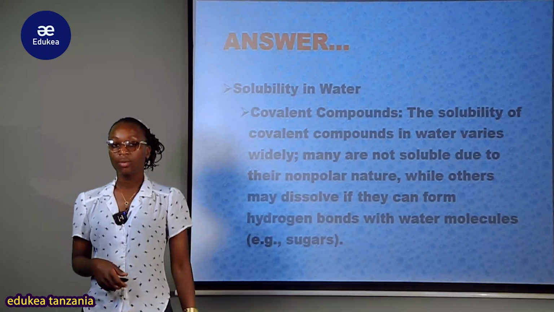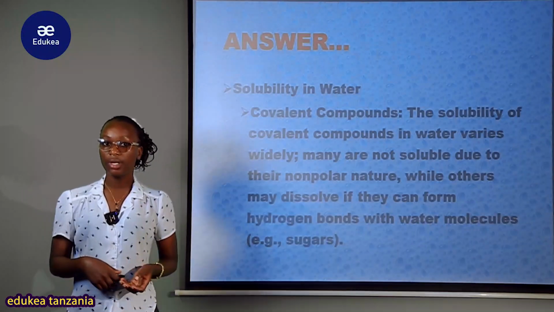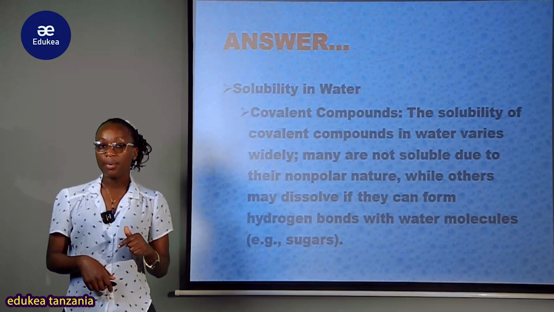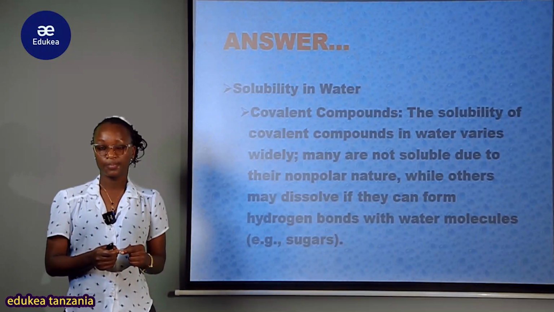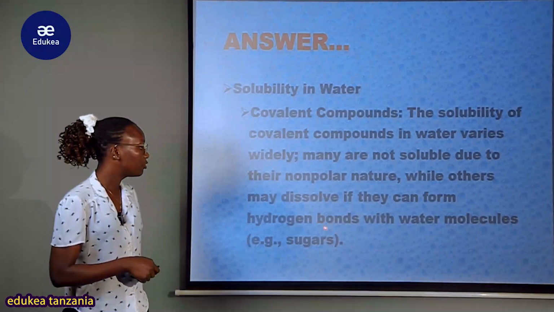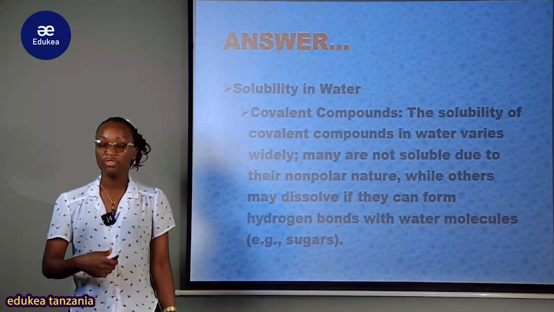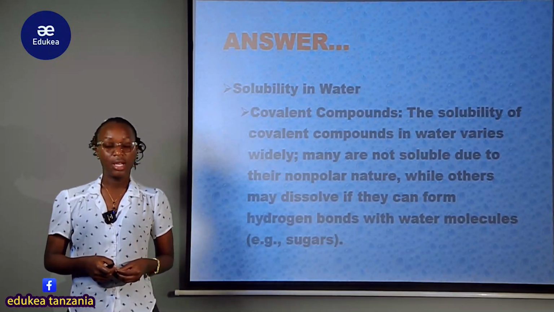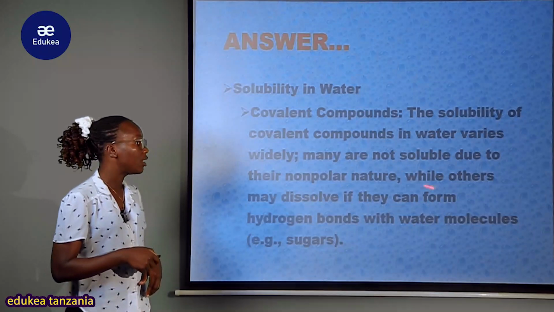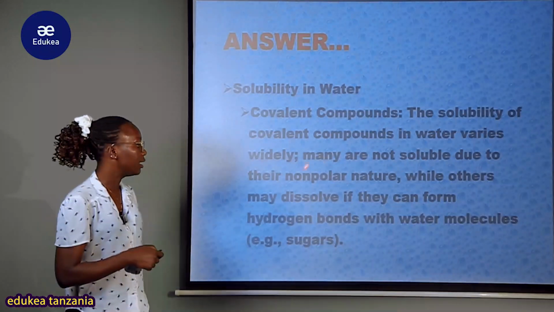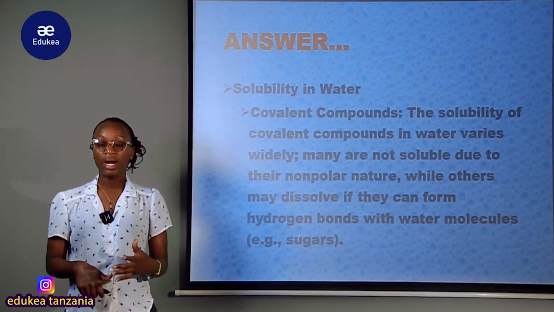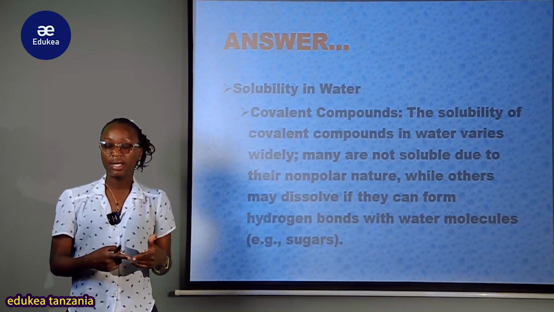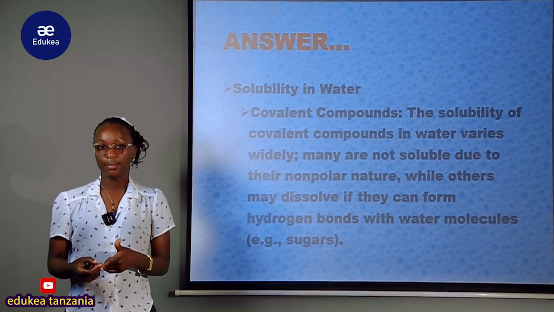Mfano mzuri ni sugar. Kwamba some of them zinaweza zikabondi, zinaweza zikawa soluble au zikadissolve endapo kutakuwa na hiyo hydrogen bond. Endapo zitaform hydrogen bond with water molecule. Mfano ni sugar. Always ukichukua sugar ukiweka kwenye maji ina dissolve. Lakini otherwise most of them are not soluble kulingana na ile nonpolar nature. Tunajua kwamba polar nature inakuwa inaongelea like dissolves like.